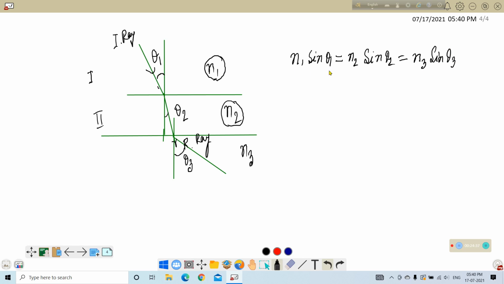So N1 sin theta 1 is equal to N2 sin theta 2 is equal to N3 sin theta 3 is equal to Ni, the generalized concept, ith medium sin theta i is equal to constant. This is known as Snell's generalized law.